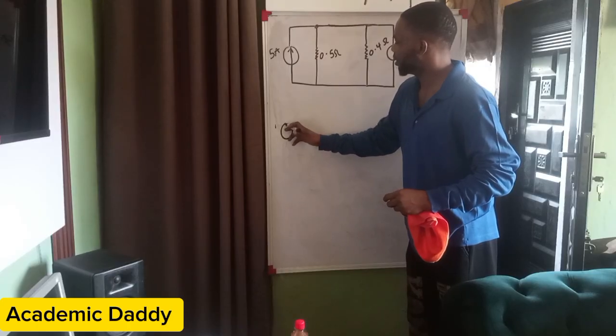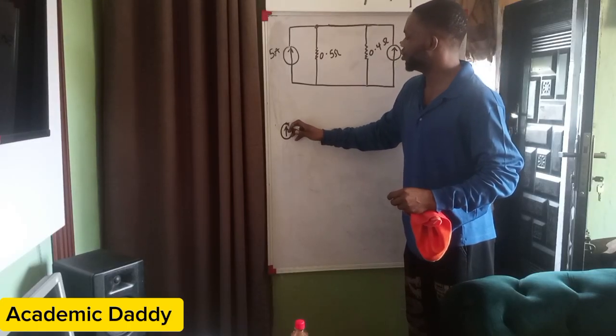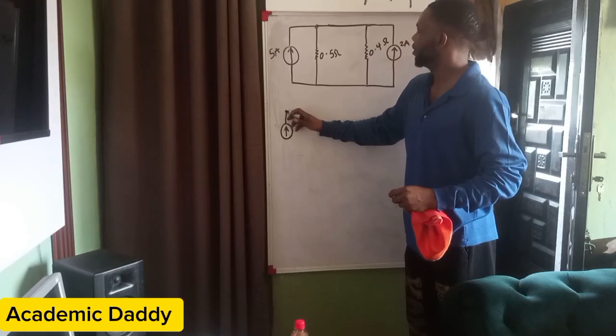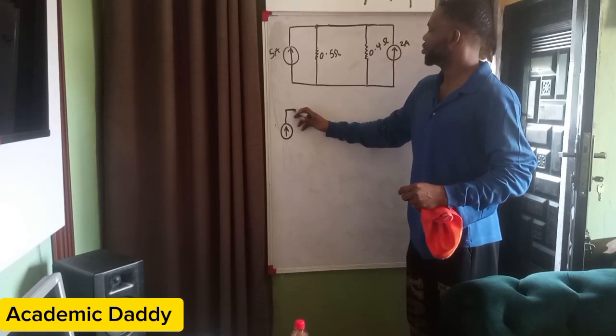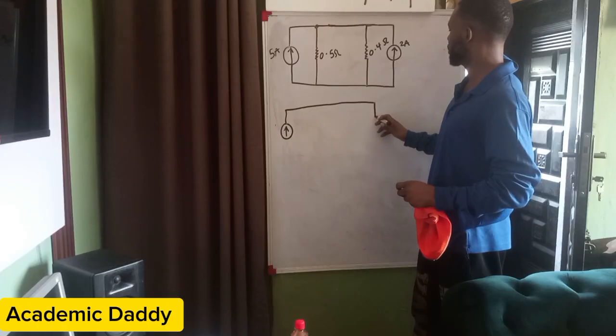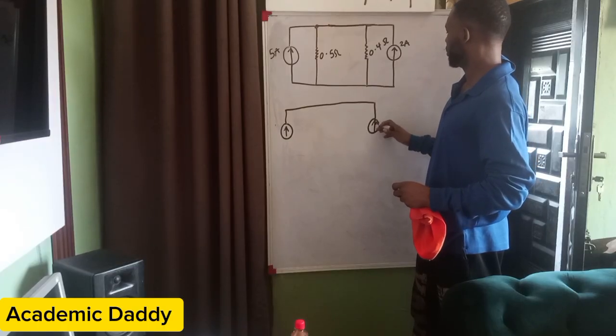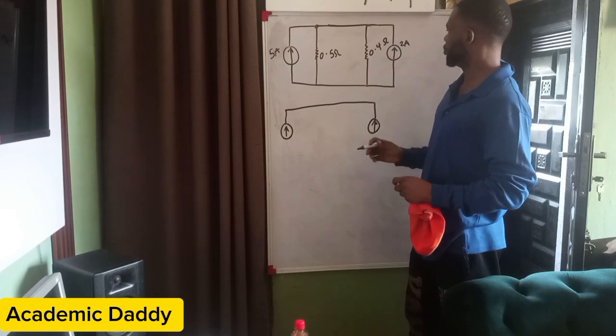Anywhere I meet currents, a circuit, a source, that's where the node starts, and that's also where it stops. You see that at this point I meet another source, so current is entering this switch.